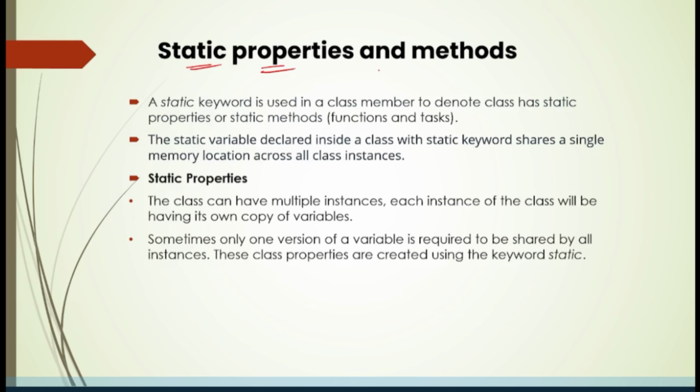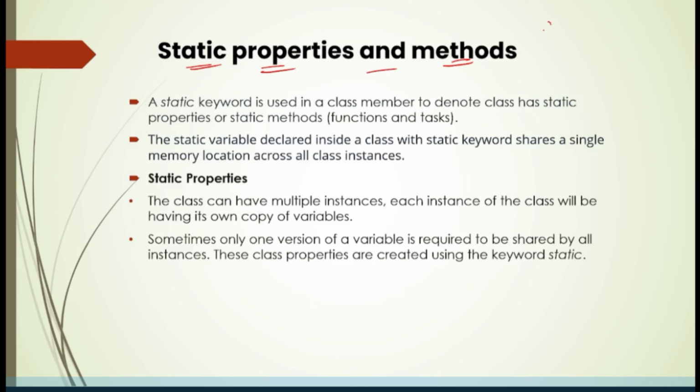Static properties and methods are very important when we are discussing classes. So what are static properties and methods? When you define the keyword static before any of your properties or before any of your methods.